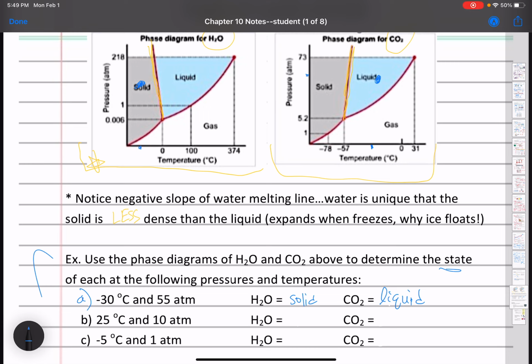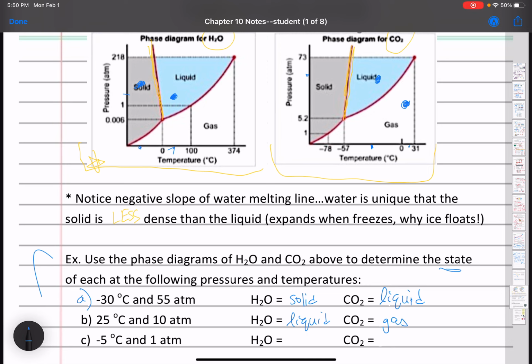B is 25 degrees Celsius and 10 atmospheres. For water, that will be maybe right here, so that's liquid. And for carbon dioxide, 25 degrees Celsius and 10 atmospheres will be right here, so it will be a gas.